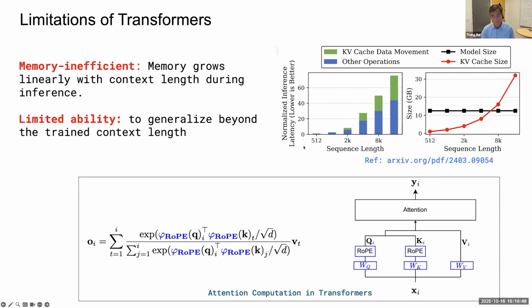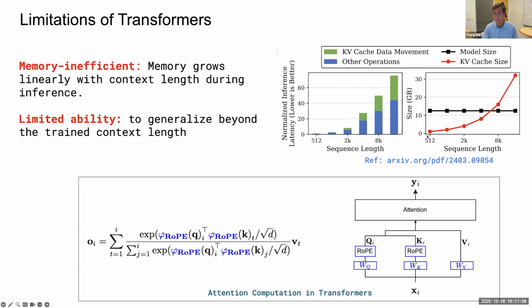As shown here, the first graph shows that when you increase the sequence length, like from 512 to 8000, you already see significant latency. The added latency here comes from the KV cache data movement, shown in green, and other operations also increase latency together with the sequence length.